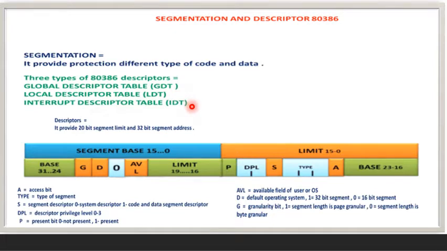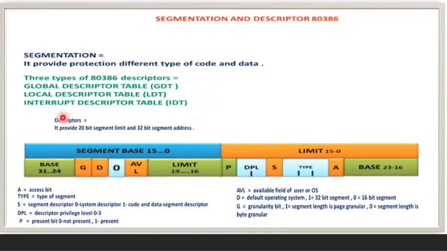The registers used for these descriptor tables are the global descriptor table register GDTR, the local descriptor table register LDTR, and the interrupt descriptor table register IDTR respectively. The LGDT, LLDT and LIDT instructions are used to load the three corresponding registers.